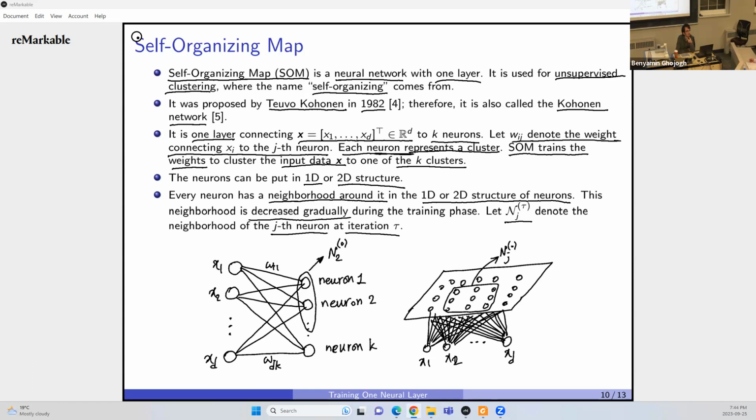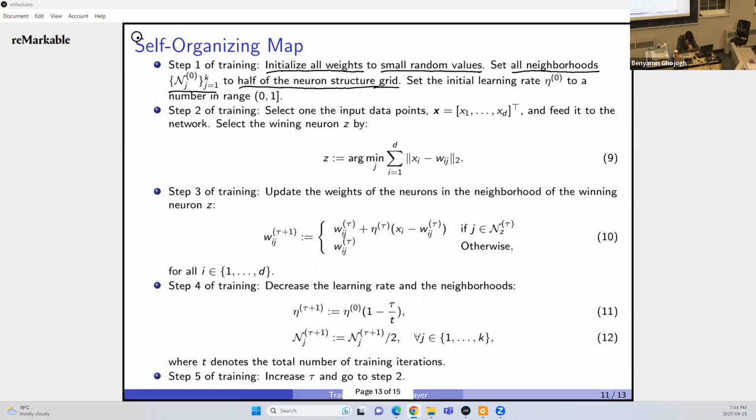In 2D, if I have square root of k by square root of k neurons, then my neighborhood becomes square root of k over 2 by square root of k over 2. Set the initial learning rate to a number in range 0 and 1. These are suggested by the author of the algorithm. By the way, we need a learning rate because we're going to use optimization, right?